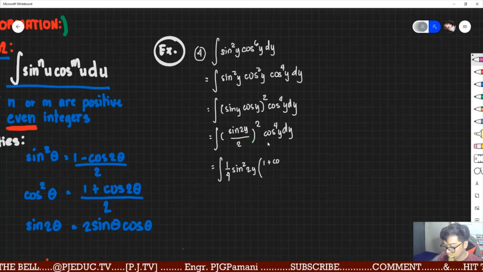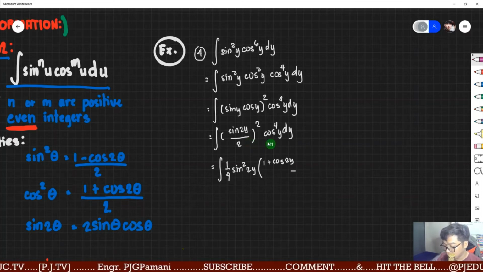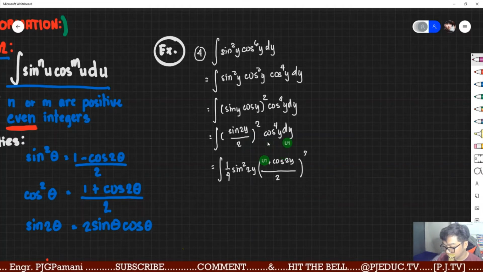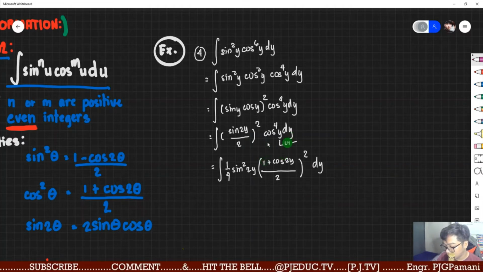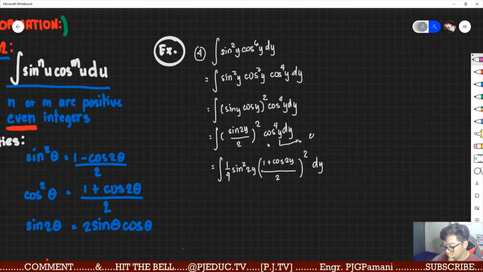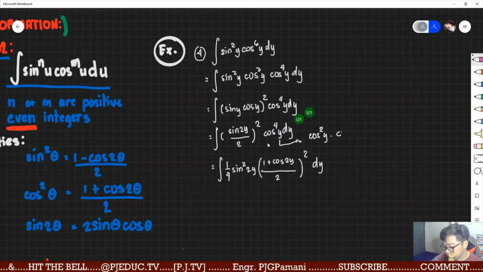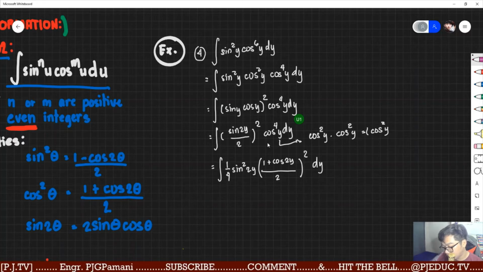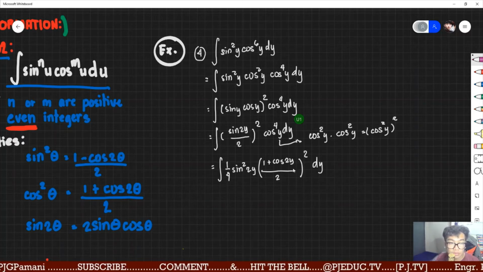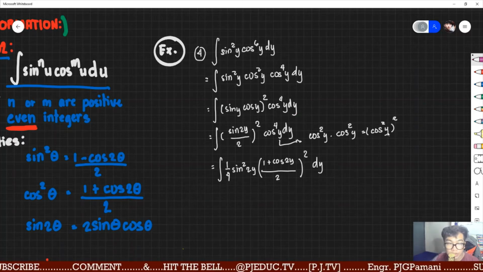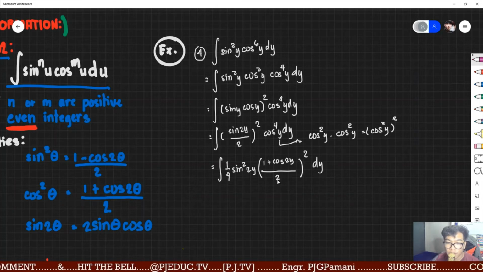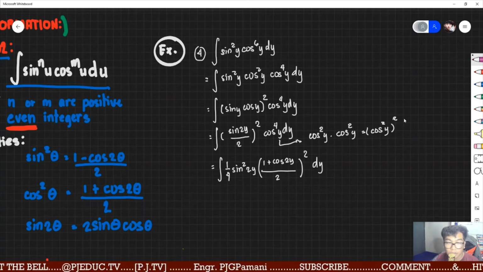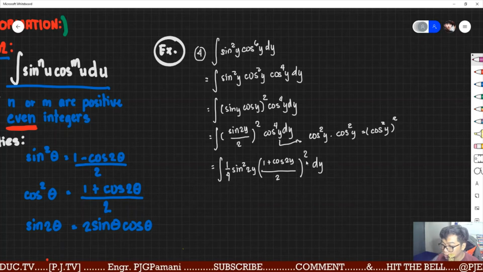That is cosine 2y over 2 squared dy. Para makita nyo, yan yung cosine squared y times cosine squared y or simply cosine squared y squared. So, yun din lang, ba? Cosine squared has an equivalent identity of 1 plus cosine 2 theta over 2. Then, meron pa siyang exponent na 2, so raise natin siya sa 2.